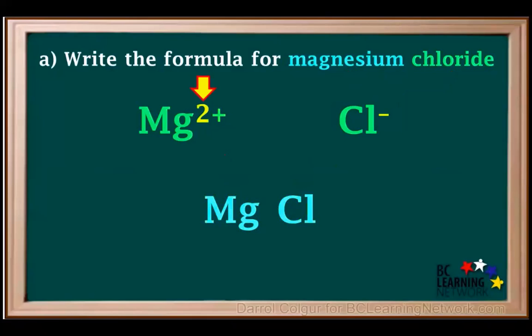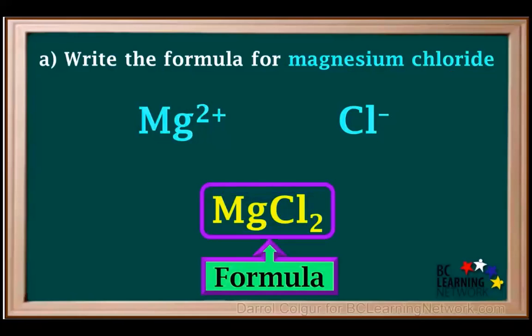Now we take the 2 from the charge on the magnesium, cross over, and write it next to the chlorine. Now we could take the 1 from the charge on the chloride, cross it over, and write it next to the magnesium. But we don't use the subscript 1 in a formula, so we don't need to write anything. So the formula has 1 Mg and 2 Cls. So we'll compact it and write the final formula for magnesium chloride as MgCl2.